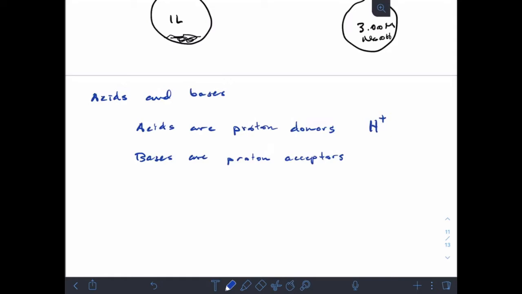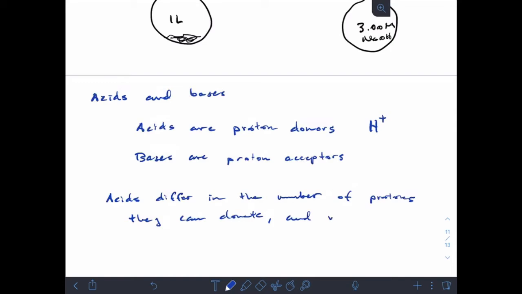Okay, so acids differ in the number of protons they can donate, and with the ease with which they can donate them.